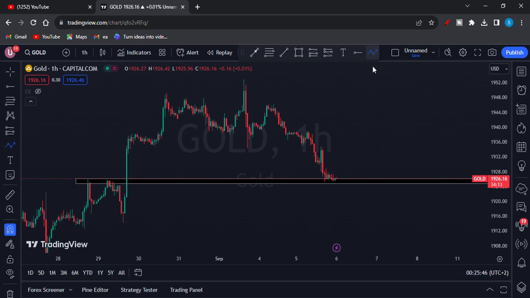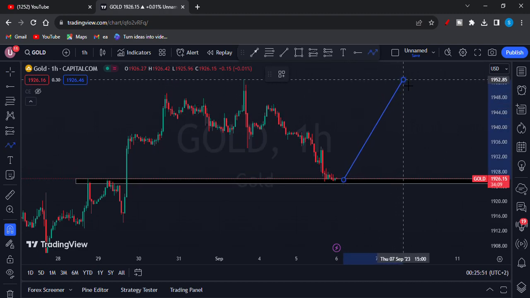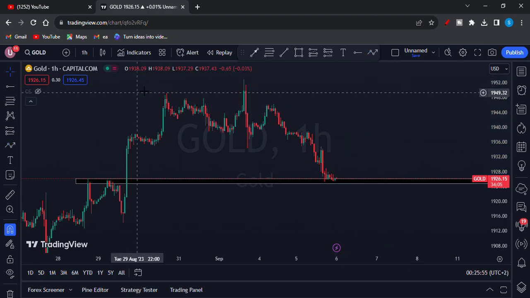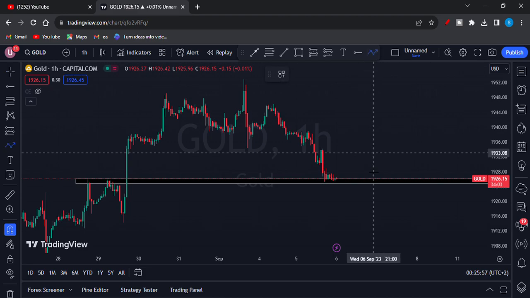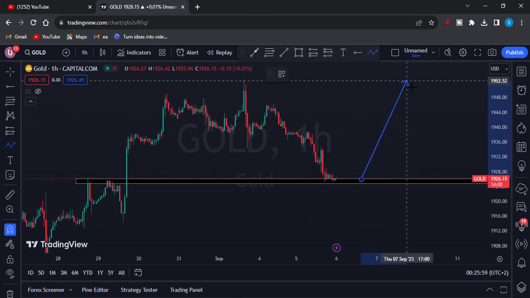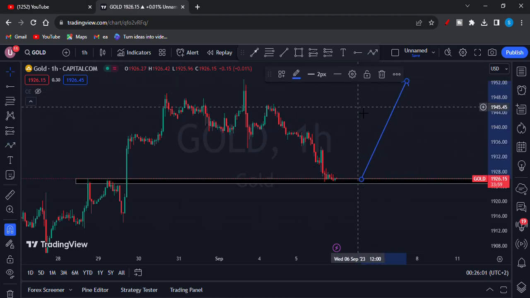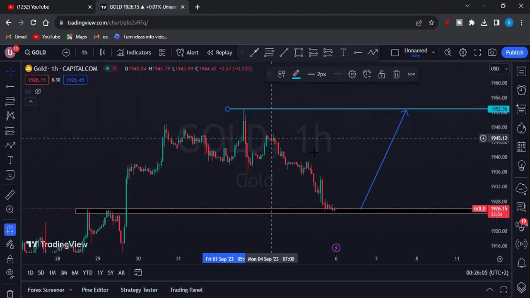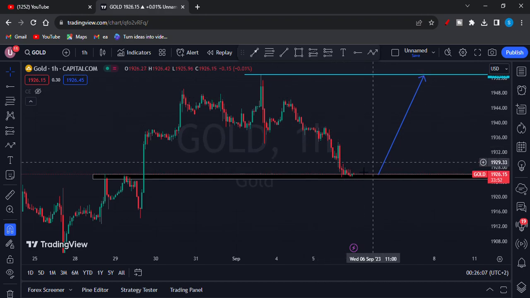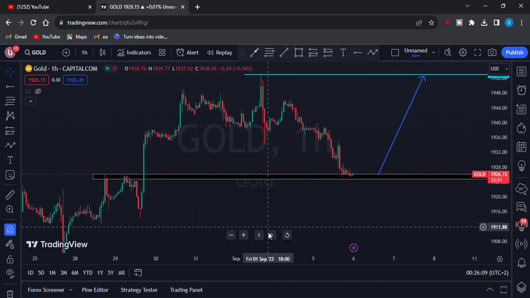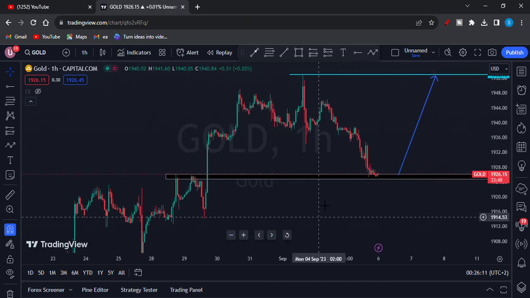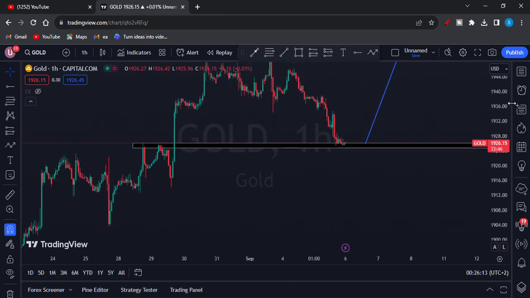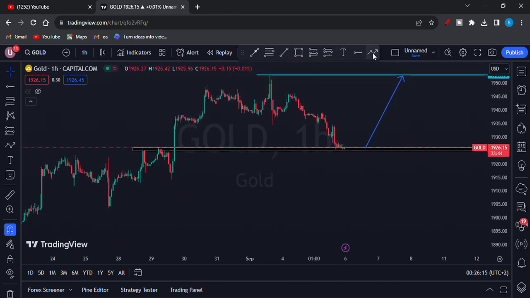So it's possible that the market can push upwards. Let me delete this. So it's possible that the market can push upwards. And if this doesn't happen, then we have a possibility of selling.